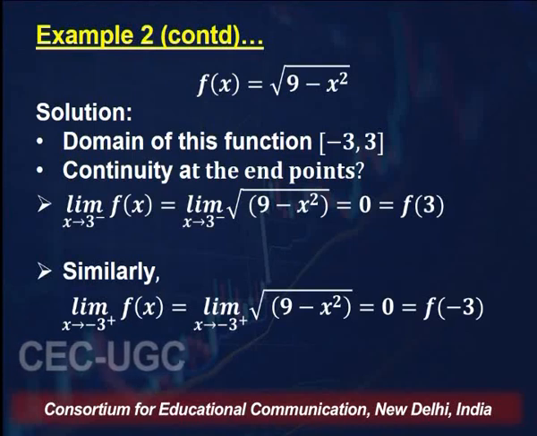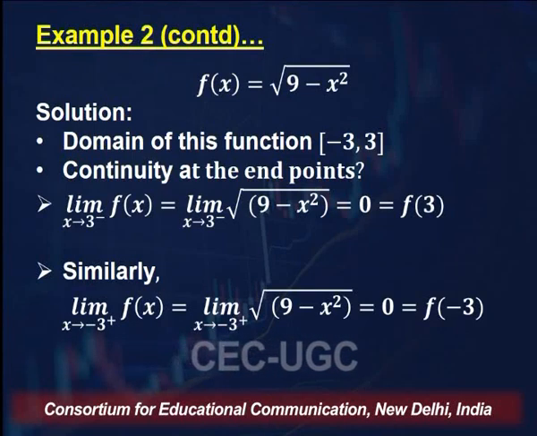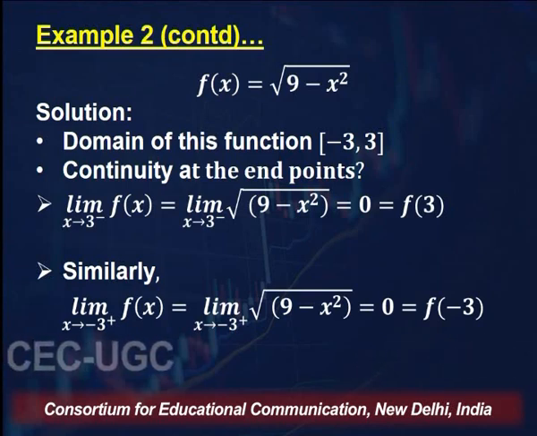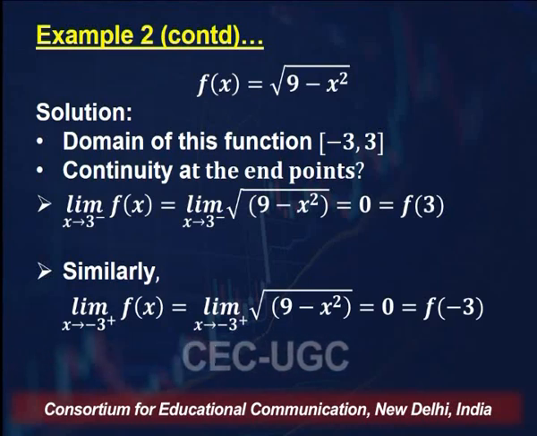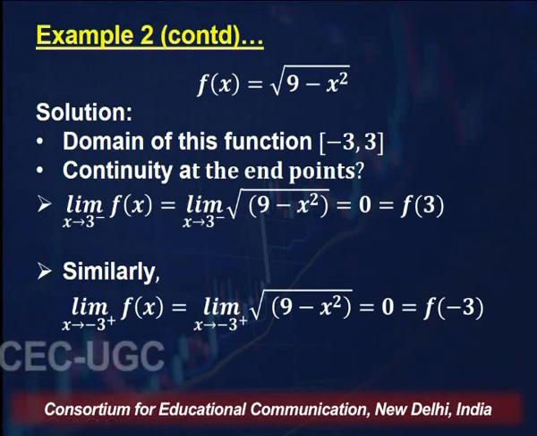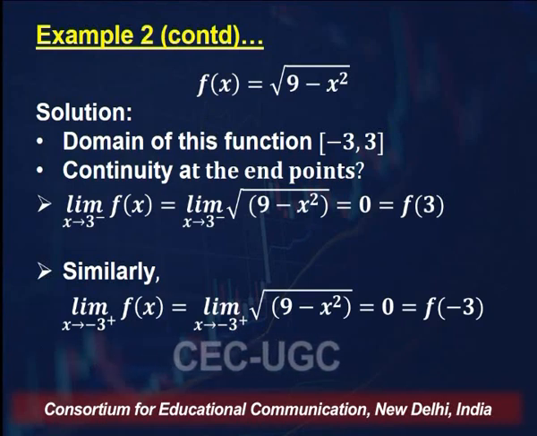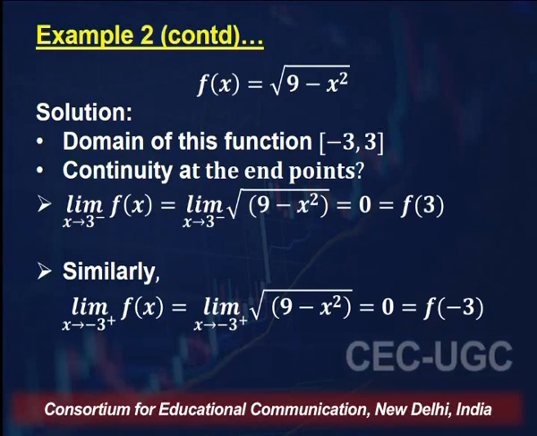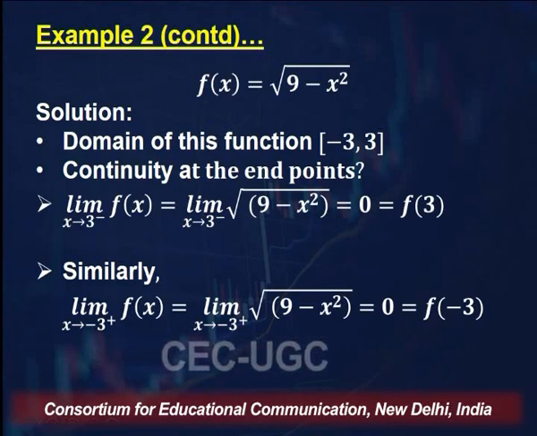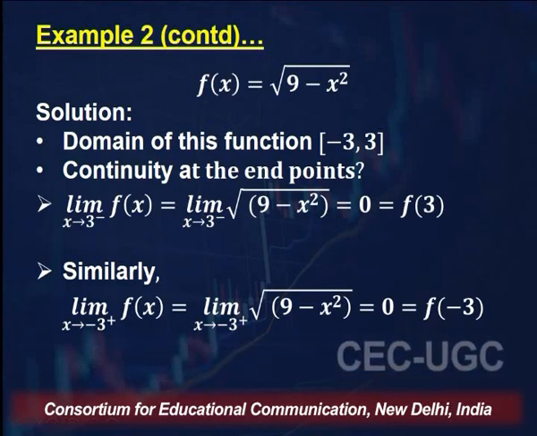Now, how about continuity at the end points? We have to check for continuity at minus 3, where we'll check for right-sided continuity, and we'll check for continuity at 3. I've done the 3 part first. To check for continuity at the end point 3, you're going to look for left-sided continuity. The limit of the function by definition as x approaches 3 from the left has to equal f of 3. Now, what is f of 3? f of 3 is nothing but 0.